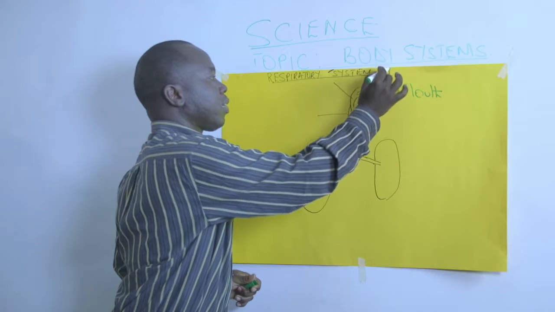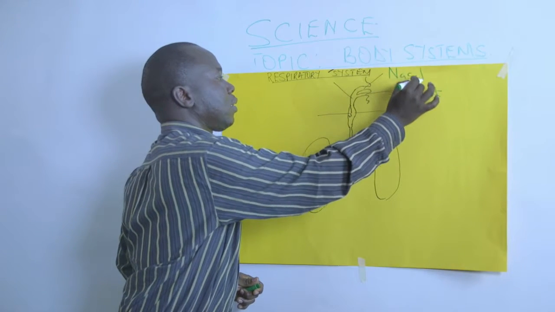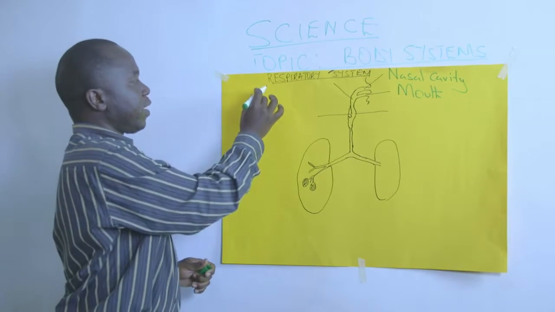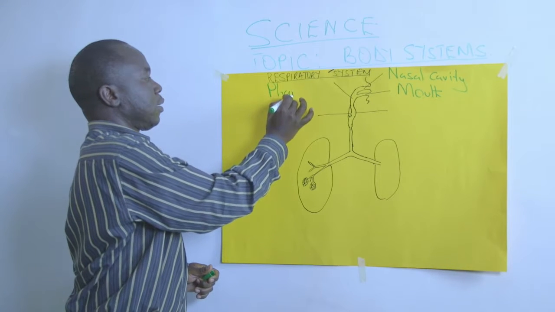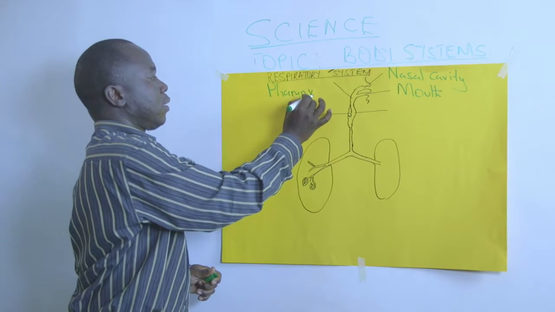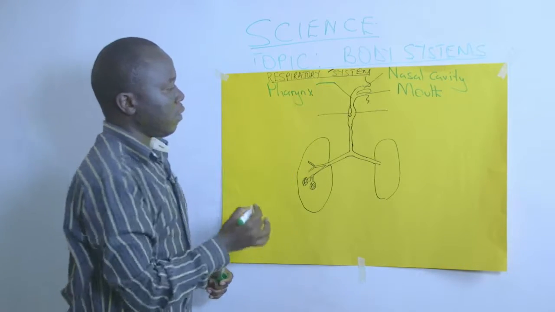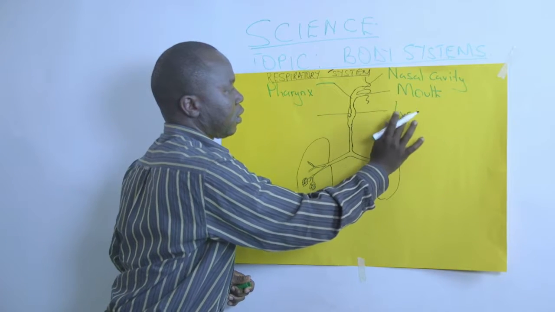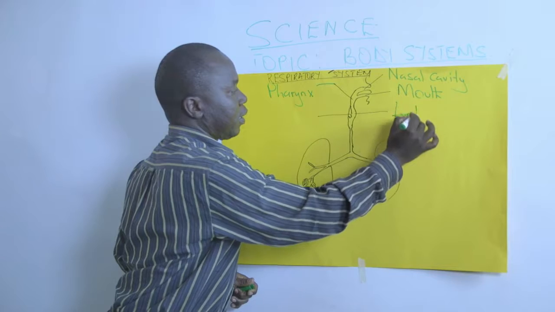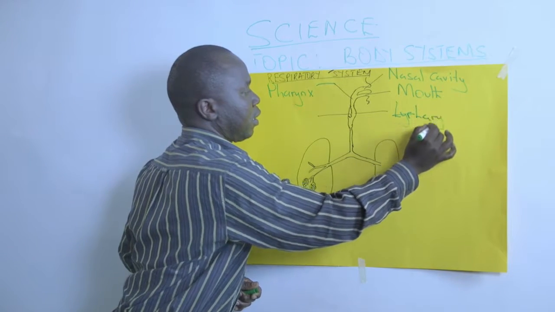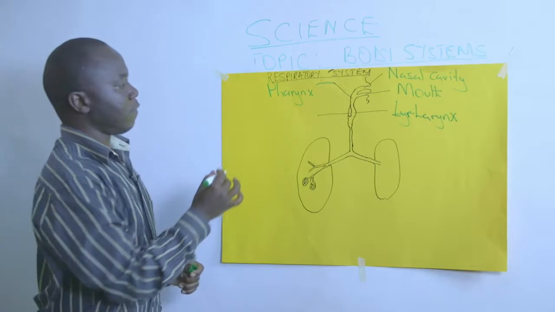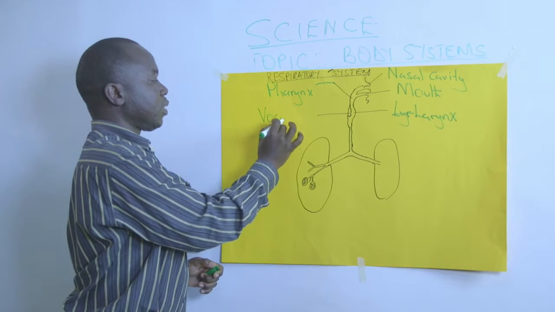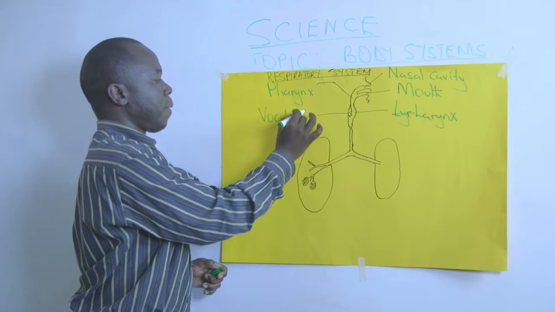We have the nasal cavity, the pharynx, the larynx, and in the larynx we have those membranous structures called the vocal cords.